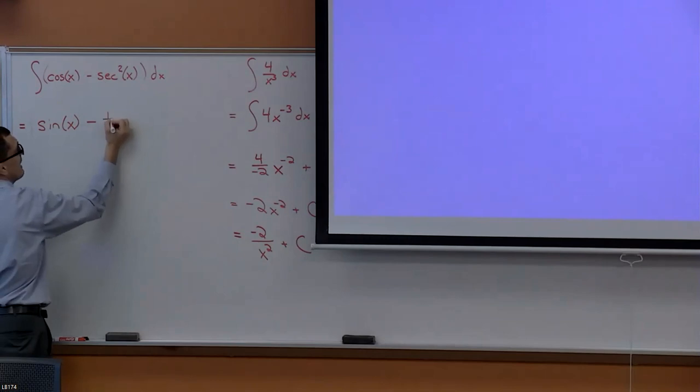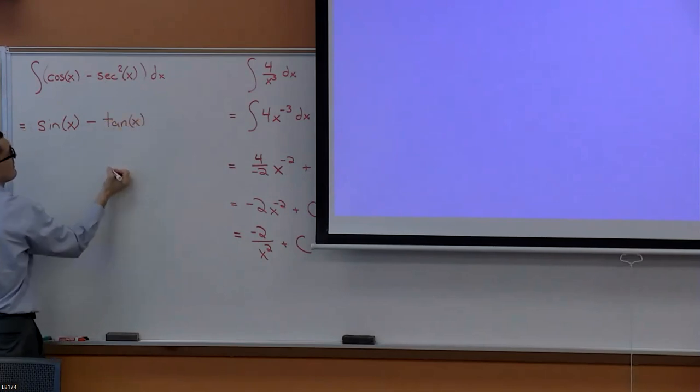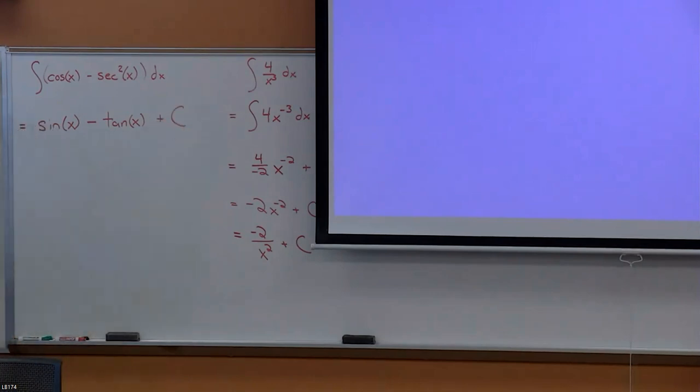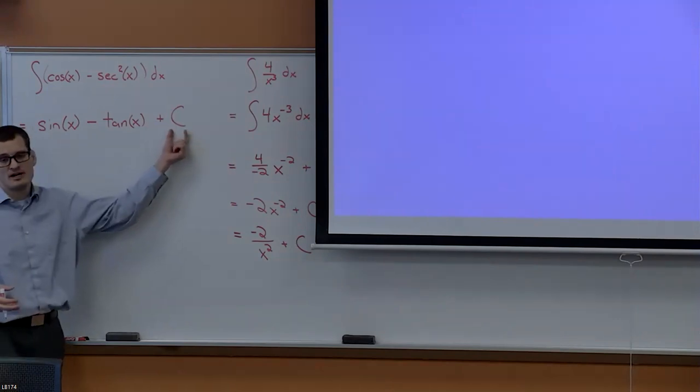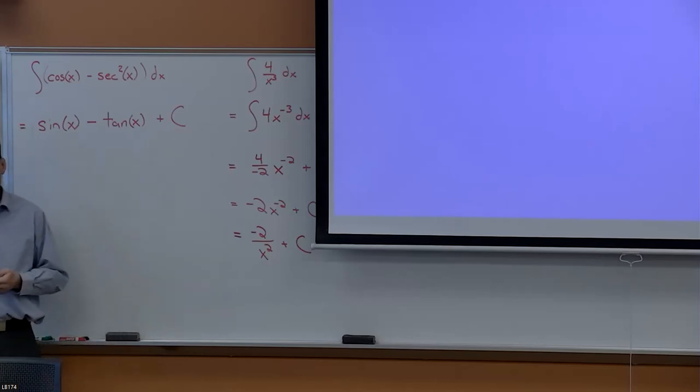Secant squared has antiderivative of tangent of x. And then I can just put plus c at the end. All constant terms can be absorbed by just a single plus c.